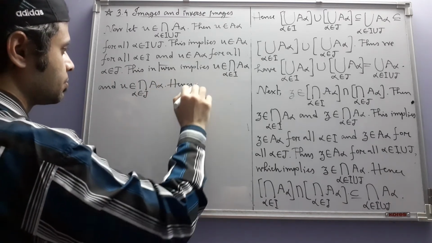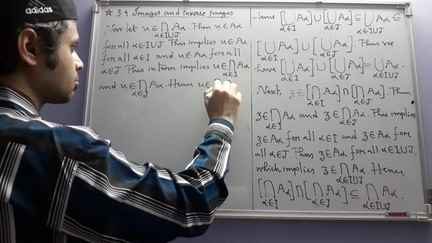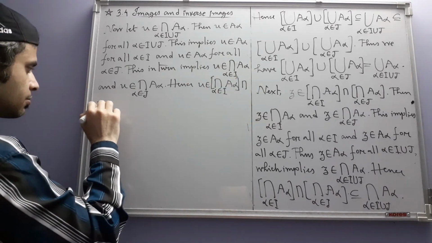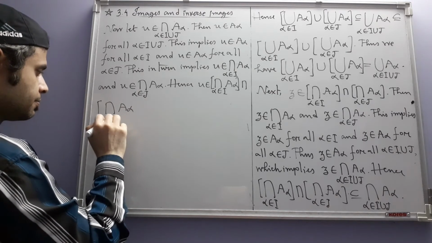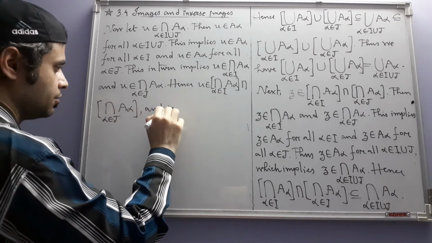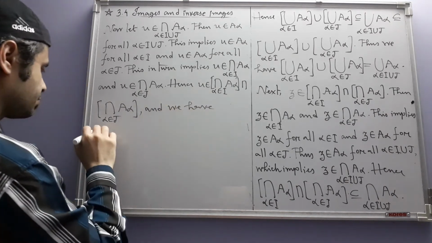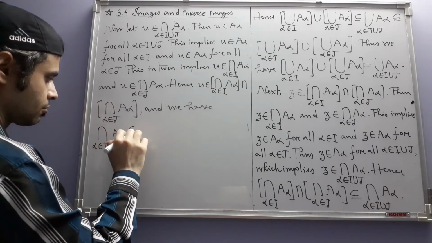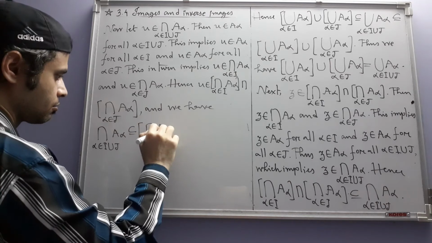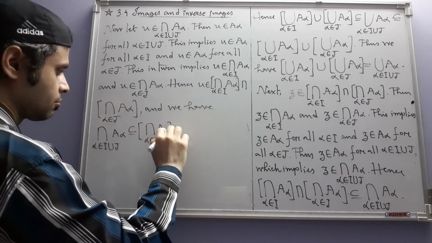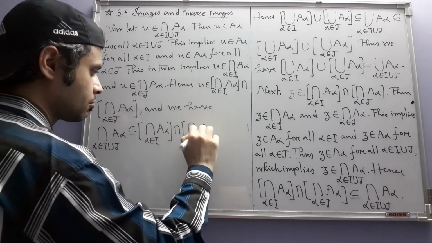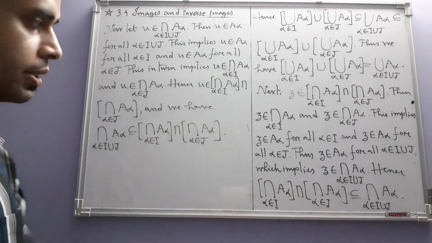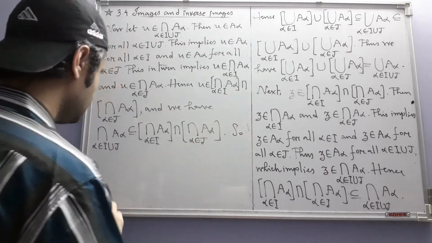Hence, U is in the intersection of the two, the one involving I and the one involving J. So we now combine these two containment relations and get our final equality.